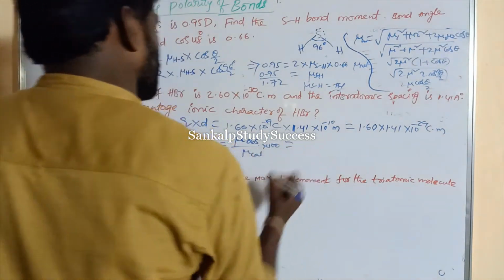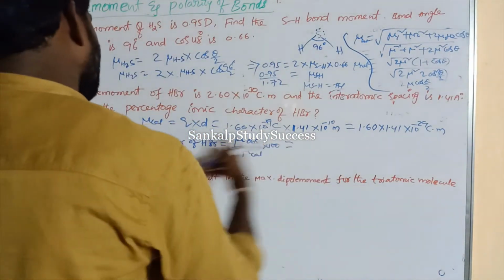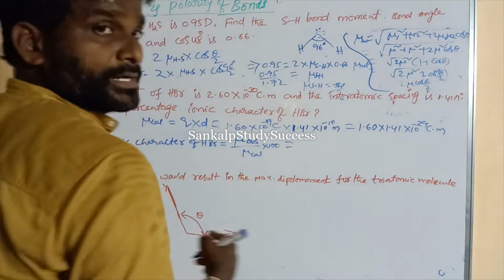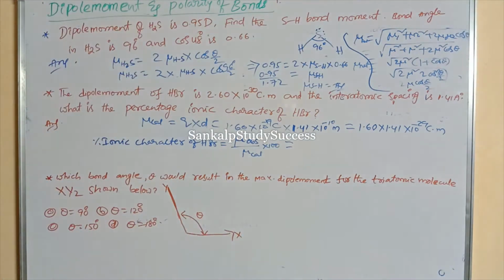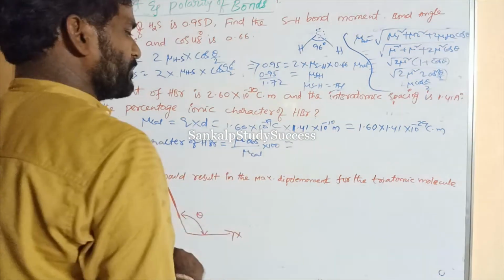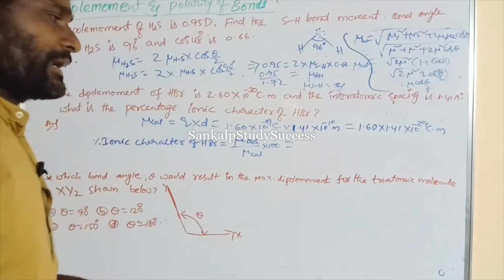So this is the calculated dipole moment. What is the formula? Percentage of ionic character of HBr is equal to mu observed by mu calculated into 100.